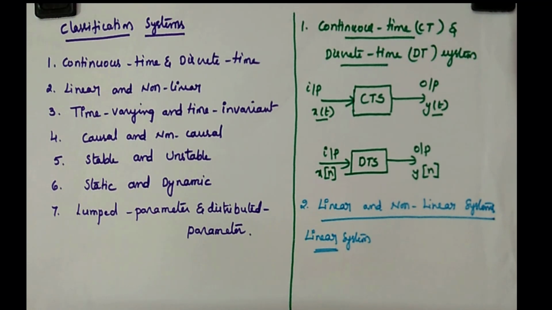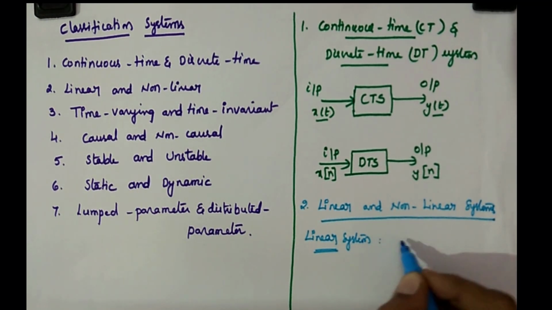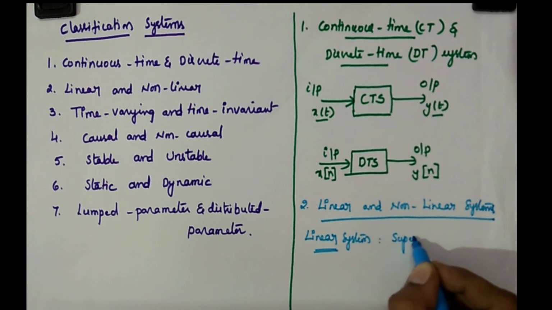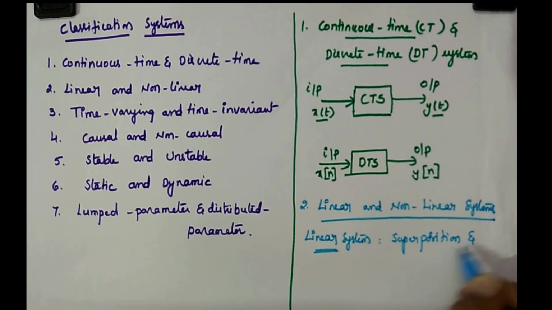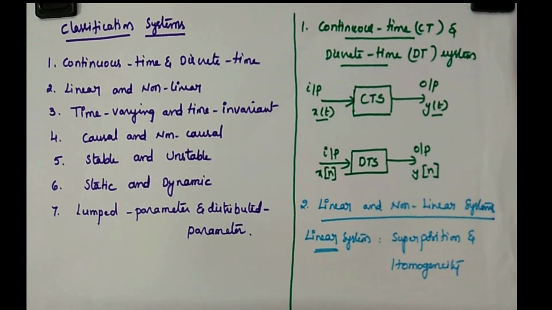A system is said to be linear if it satisfies the properties of superposition and homogeneity. If a system satisfies the concept of superposition and homogeneity, then the system is said to be linear system.